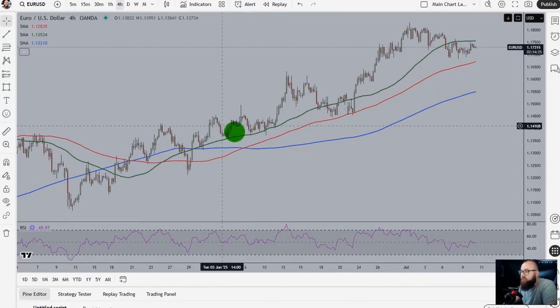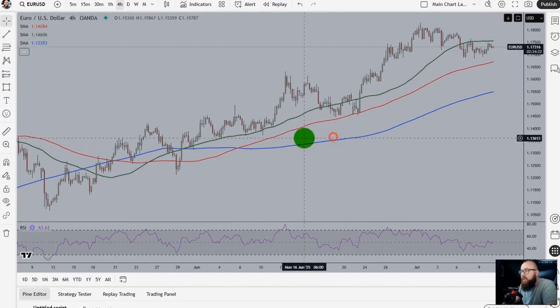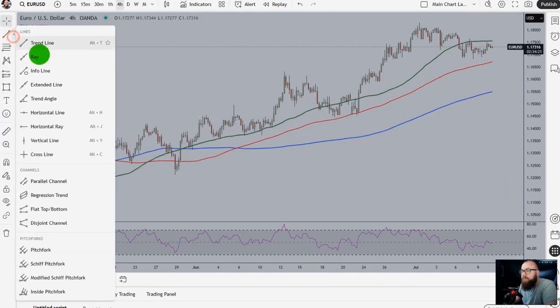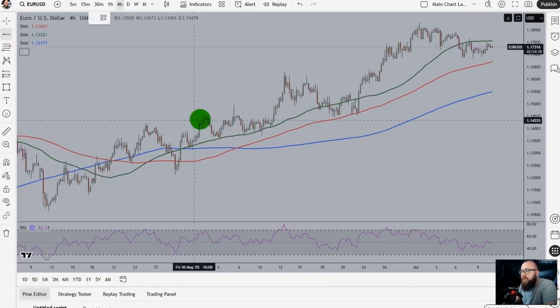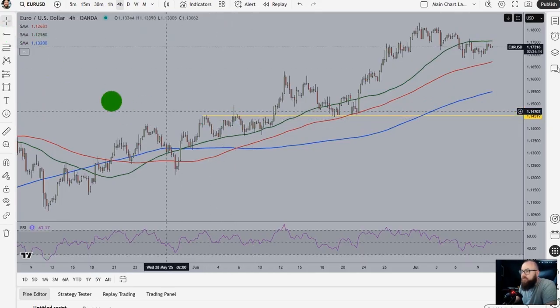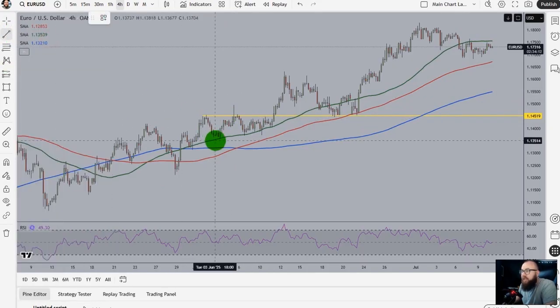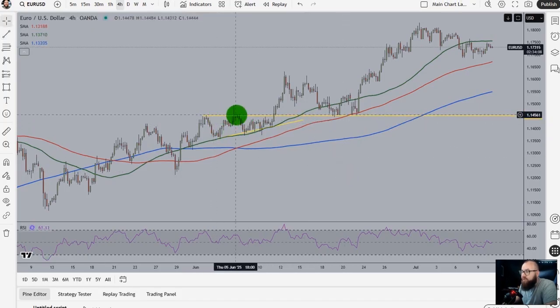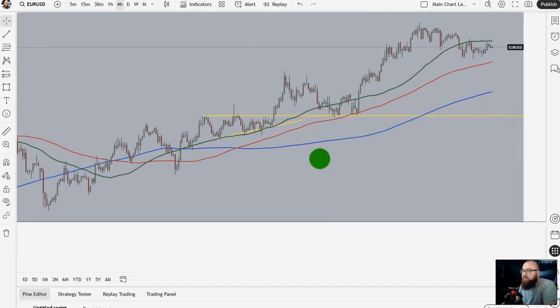So let's have a look at this retrace move here. What we have here is an ascending triangle. So we have this horizontal resistance and diagonal support. This is an ascending triangle. When price breaks above the triangle, that's the signal that the uptrend is going to continue.